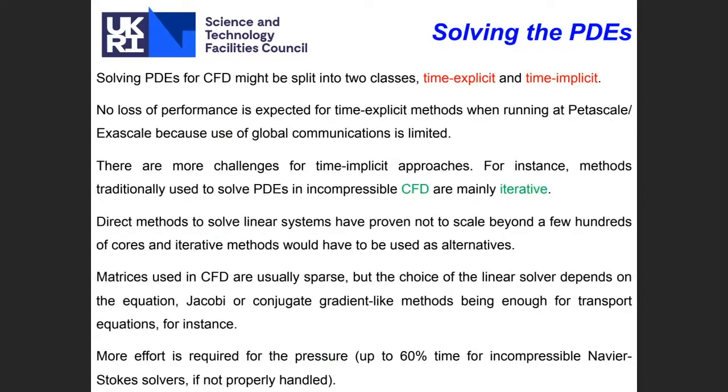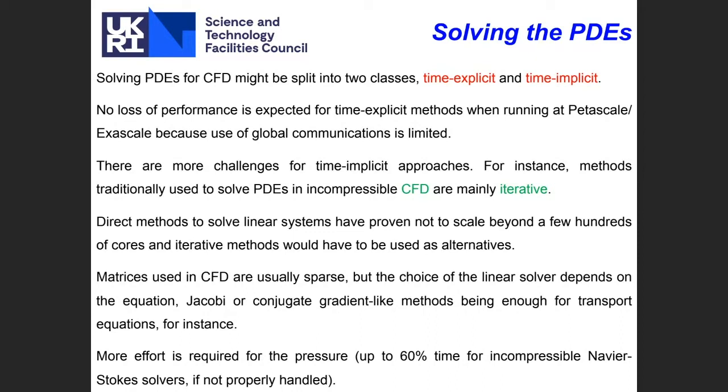Now, solving the PDEs: there are basically two types, time explicit and time implicit. We're not going to look at time explicit here because Code_Saturne is mainly a time implicit code. Time implicit means that matrices have to be solved, and time explicit means that the marching in time is such that the discretization is very local.